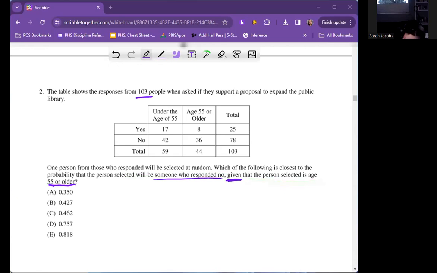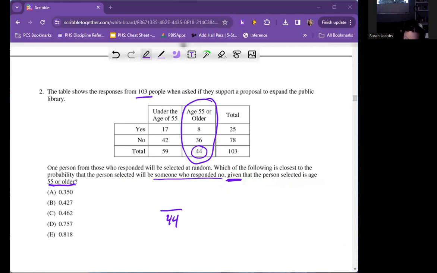The reason I made such a big deal about given is that we now know we are just interested in age 55 or older. So this is going to be my denominator.